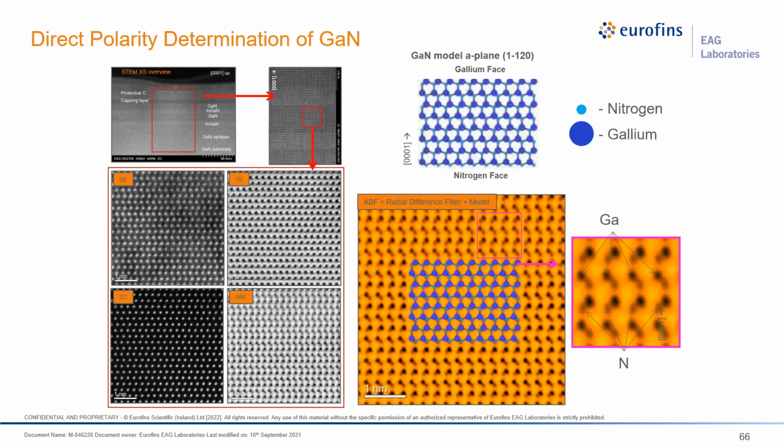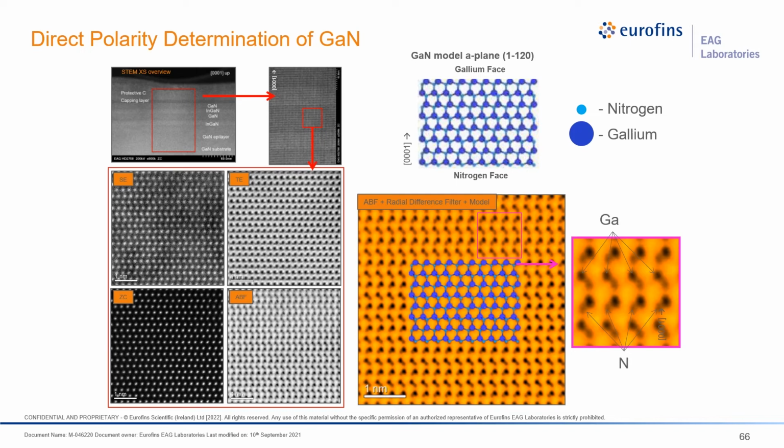And a recent good progress of the scanning TEM technique is the so-called ABF technique. So you can visualize not only the high Z material, like in this case the gallium, but in the so-called Z contrast, your nitrogen is missing. The reason is very simple.